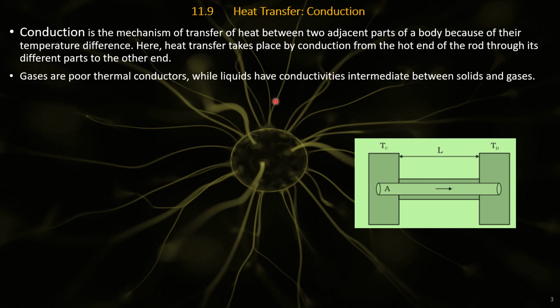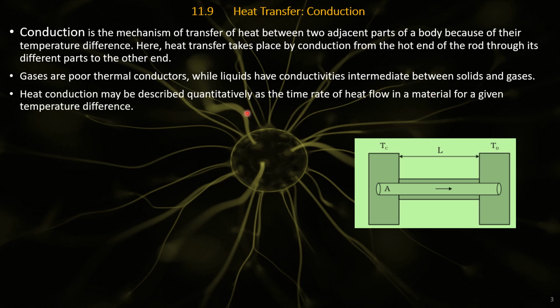Gases are poor thermal conductors, while liquids have conductivities intermediate between solids and gases. Heat conduction may be described quantitatively as time rate of heat flow in a material for a given temperature difference.